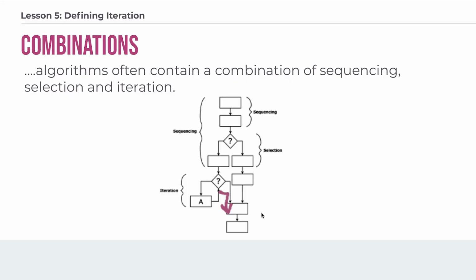And of course, on the other hand, it looks like it's possibly a little bit easier if the answer for this one right here goes this way, because here we just have another sequence of instructions and there are no other decisions that have to be made. So you can see how things can be combined with one another, that we don't just see these three logical structures in isolation.